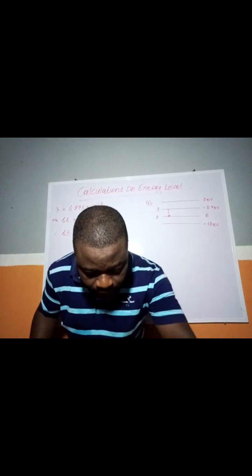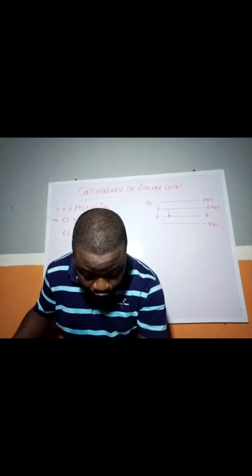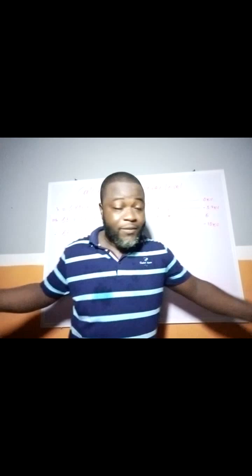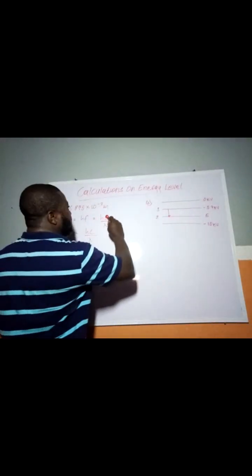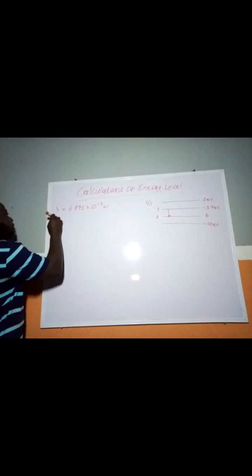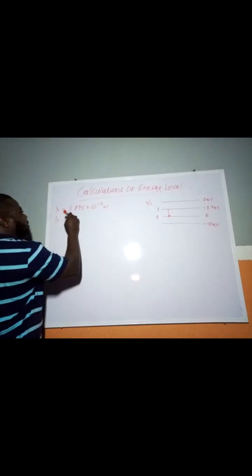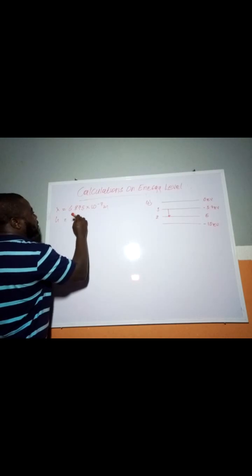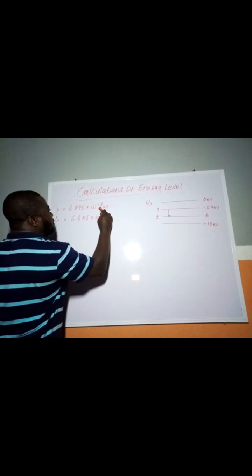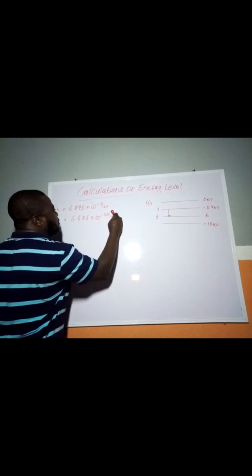Let me see whether this is given. Okay, it's not given, but I think we have been talking about that. We can take our Planck constant. Let me put the Planck constant h to be 6.626 multiplied by 10 raised to power minus 34 joule seconds.